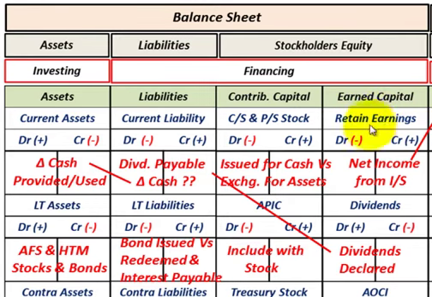That's the retained earnings less our dividends. So that's what we're talking about for financing activities, and how it fits in with our investing activities versus our operating activities. Okay, so that'll summarize our discussion.